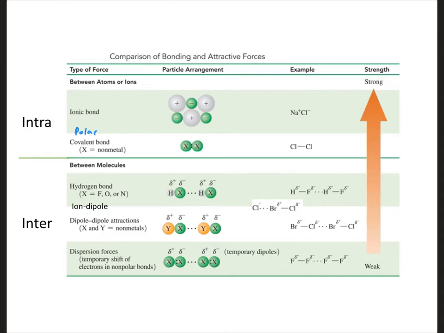And then we switched over to the intermolecular forces. We talked briefly about hydrogen bonds. So we're going to make sure that we talk about some of the other things beyond hydrogen bonds. We also have ion dipole, dipole-dipole, and dispersion or London dispersion forces. And that's from the strongest hydrogen bonds down to the weakest dispersion forces.